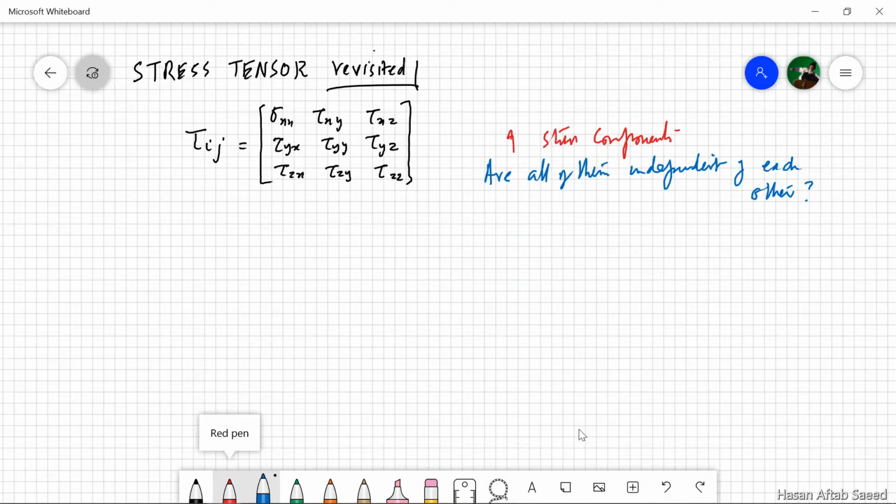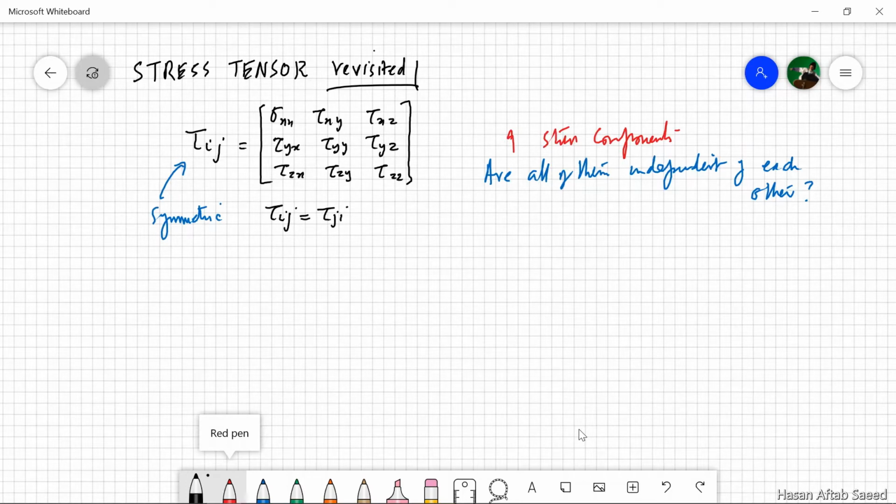We are going to show in this segment that the stress tensor is symmetric. In other words, the shear stresses tau ij are equal to tau ji.